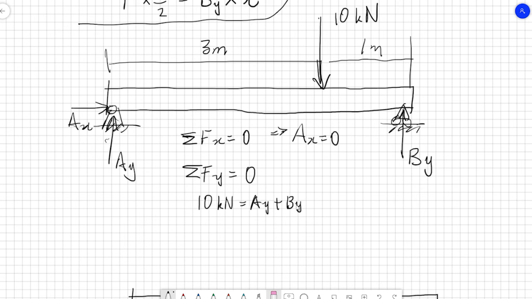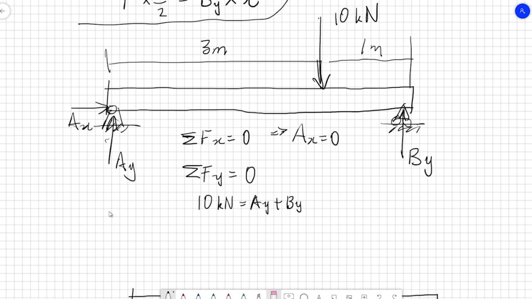But that does not give us enough information, because there are infinitely many different combinations of AY and BY that will make this equation work. So what we need is to find out one of them, which we can do with the application of moment.